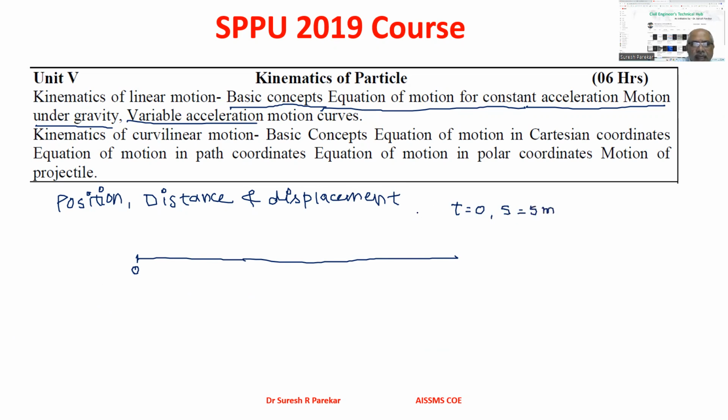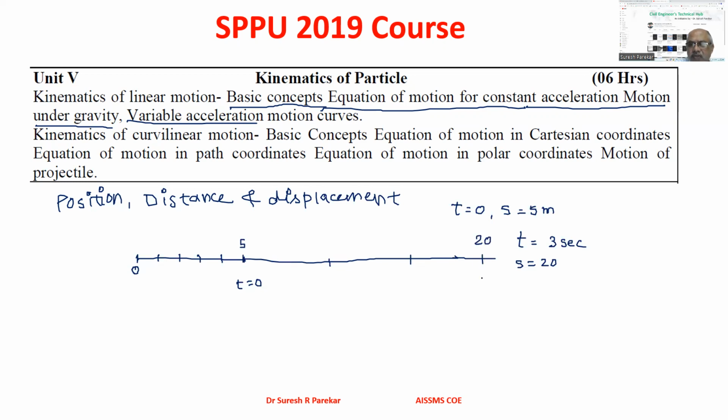So we have 0 over here, and 5 somewhere here: 1, 2, 3, 4, and 5. So here we have when t is equal to 0. Now at t is equal to 3 seconds, we have s equal to 20. So I will go directly 5, 10, 15, and then we have 20 over here.